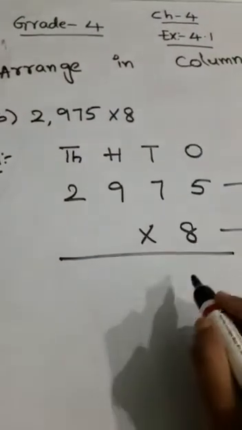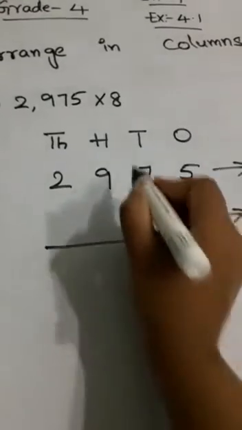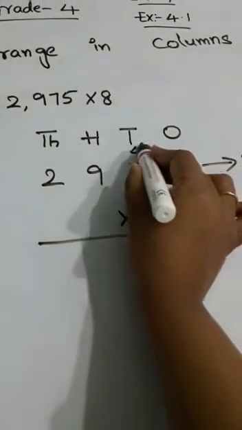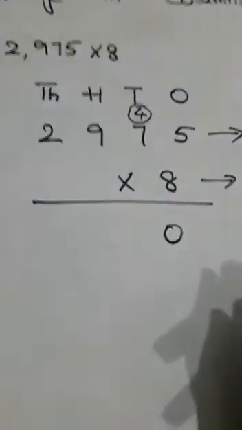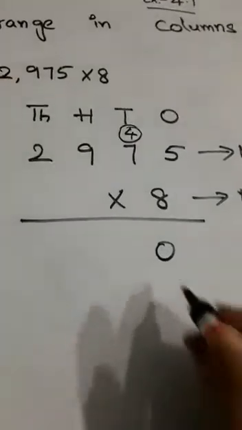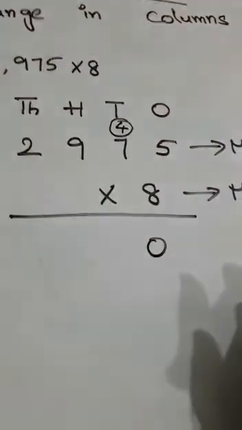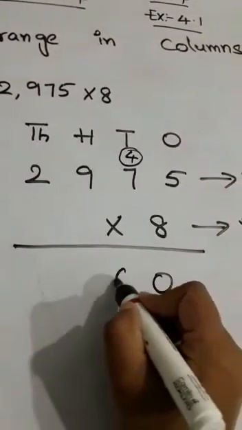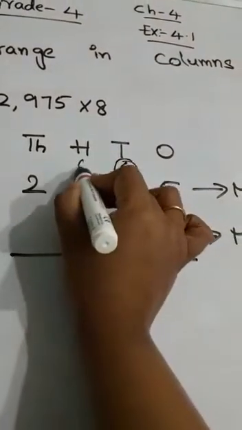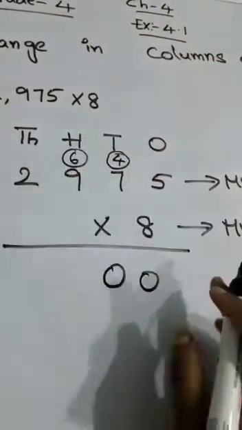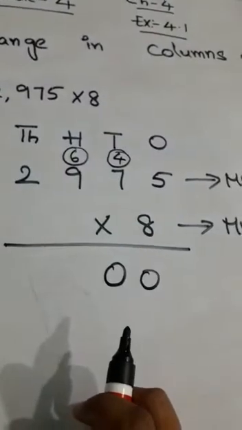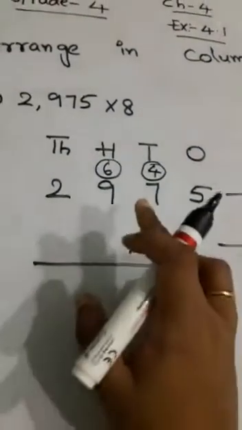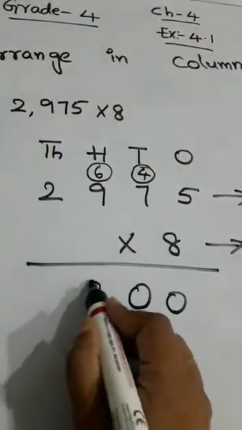So 8 fives are 40. 0, 4 carry here. 8 sevens are 56. 56 plus 4 is 60. 0, 6 carry here. 8 nines are 72. 72 plus 6 is 78.